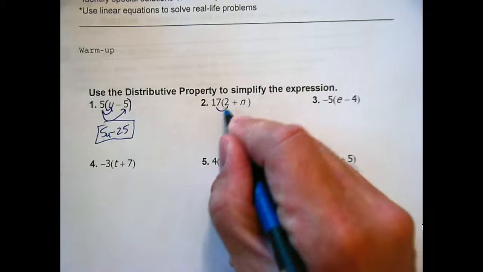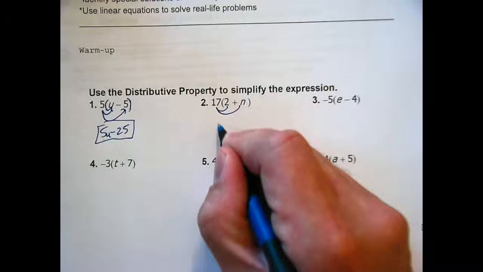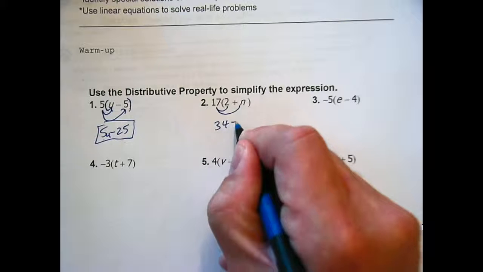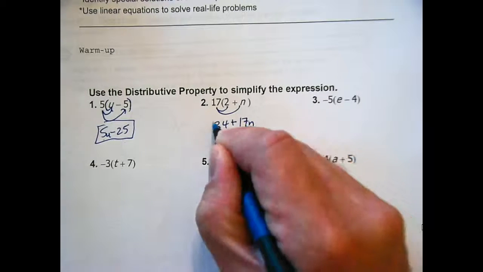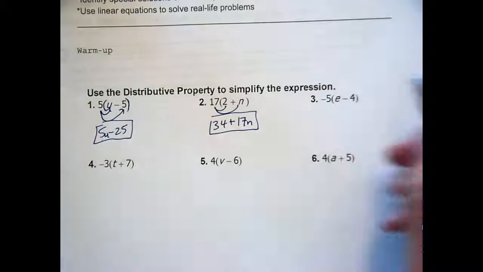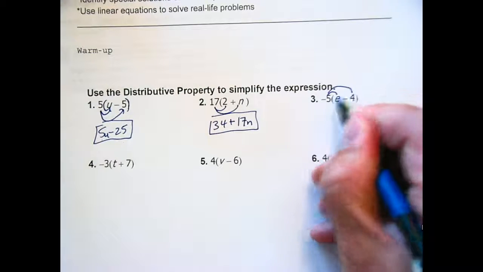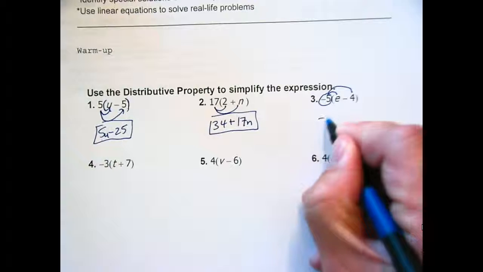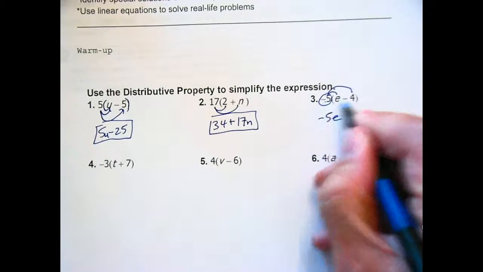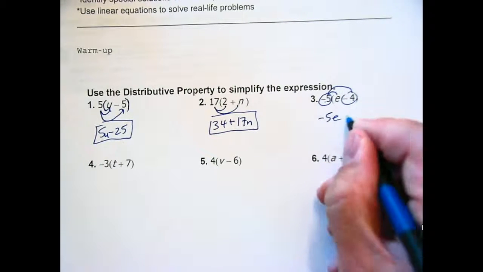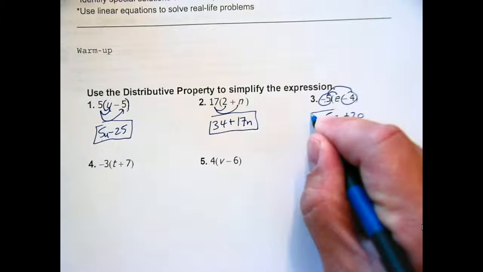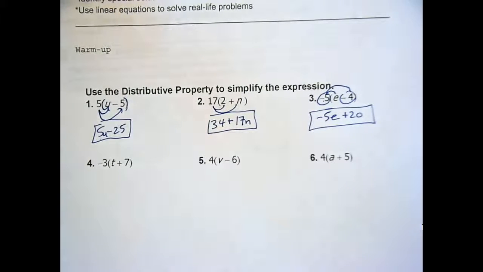This one, distribute. That's 34 and 17n. Distribute, distribute. This is a negative 5, negative 5e, and this is a negative times a negative, which makes a positive 20. Be careful on that. Don't miss that back part.